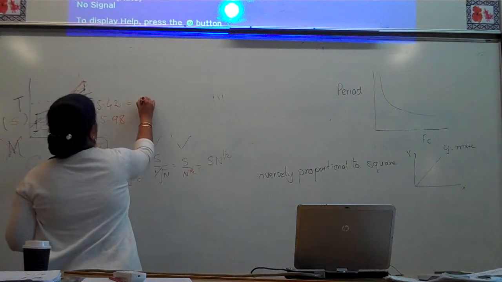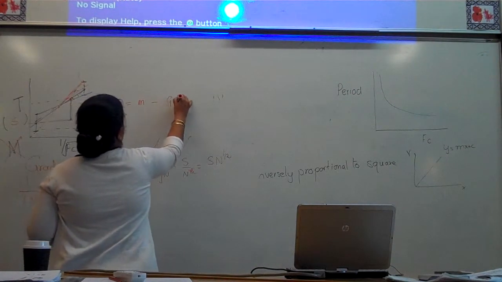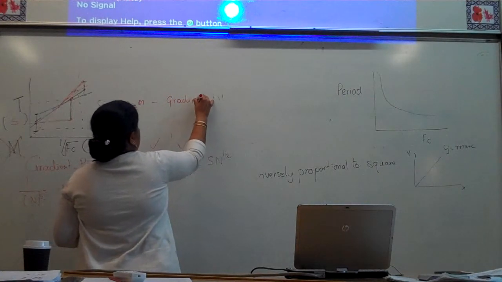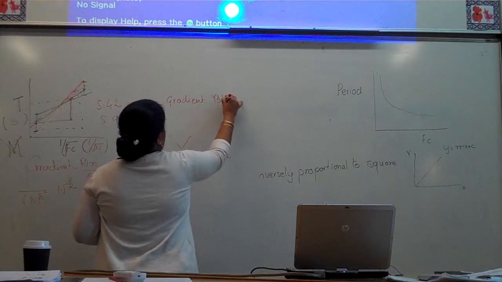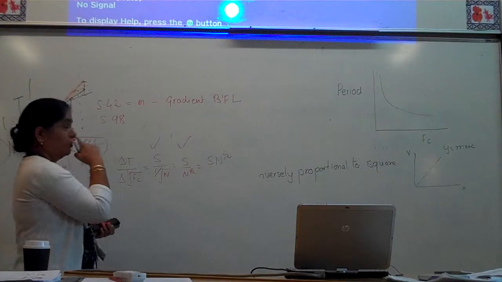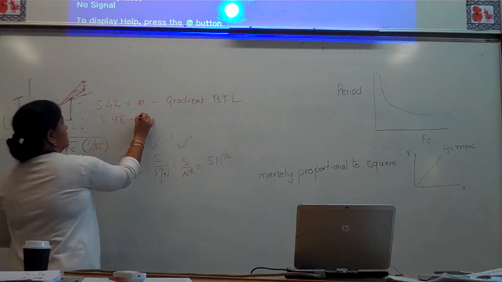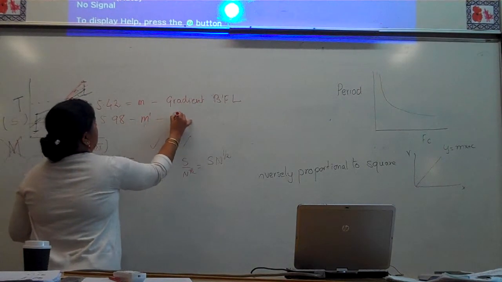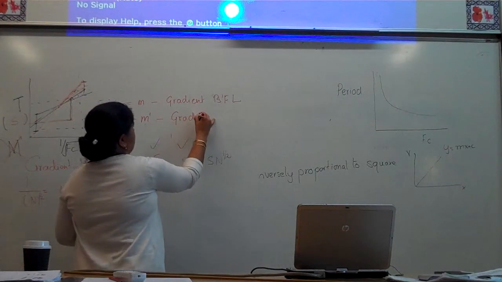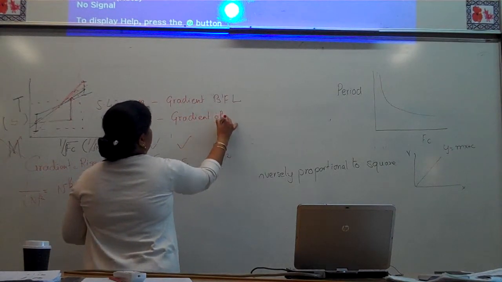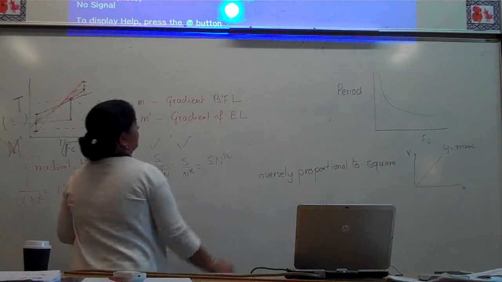This is the gradient of the best fit line, M. I'm just using the short form. And this is M dash, the gradient of the error line.